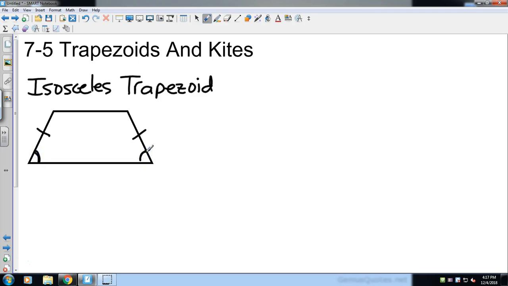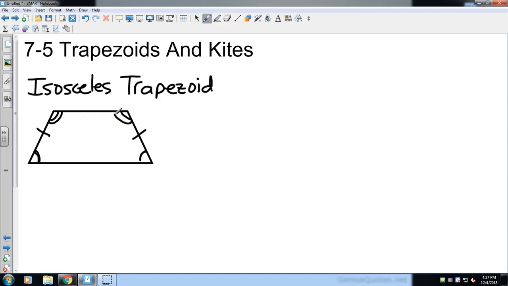An isosceles trapezoid has one set of parallel sides. It has one set of congruent sides, and it has two sets of congruent base angles. The above base angles are also the same, although they are not the same degrees as the lower base angles.